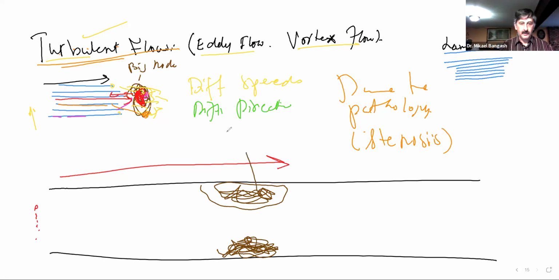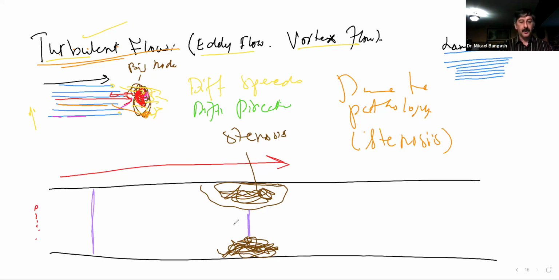So this is going to be the stenosis. Anything that just causes this passage or diameter of the lumen to reduce.